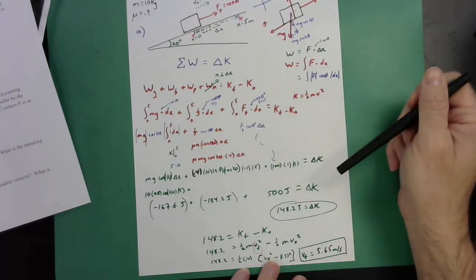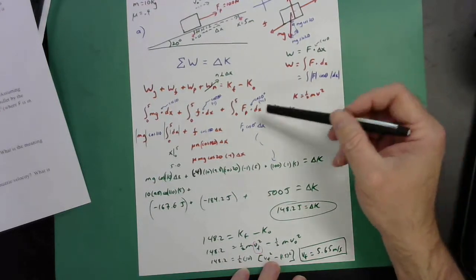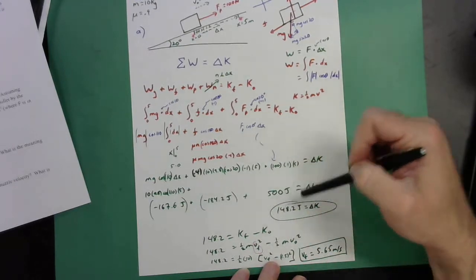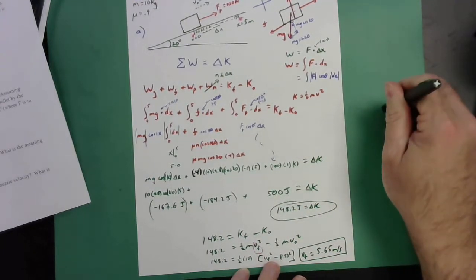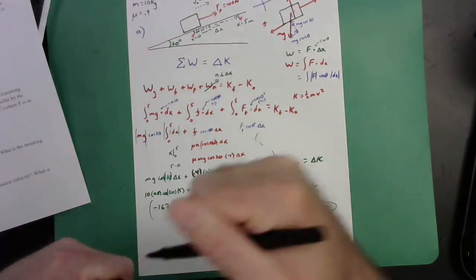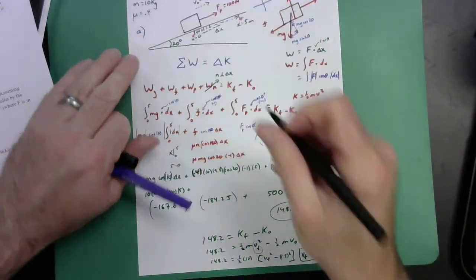Being careful about our signs, the only sign is from the cosine. Everything works out. Okay, that's it for problem 1. I probably should have numbered that. This is problem 1.